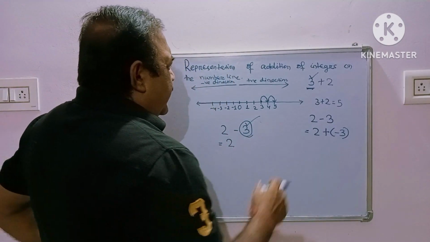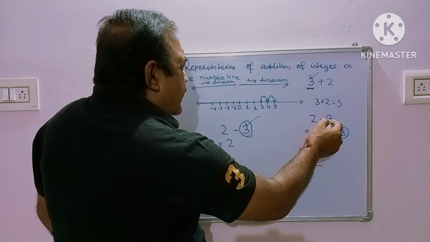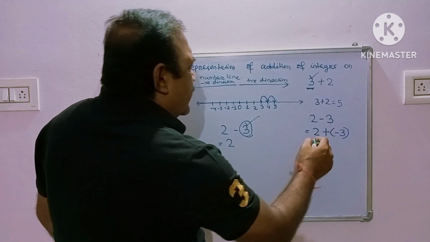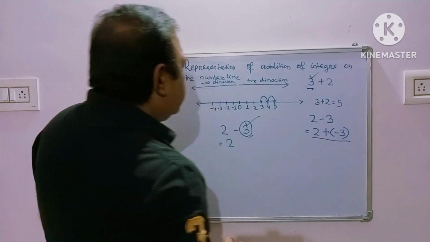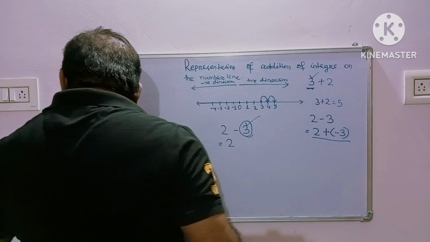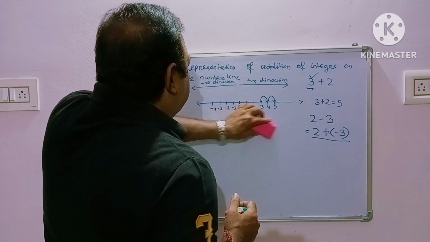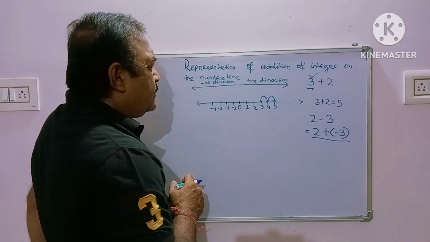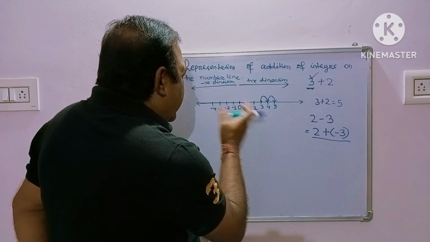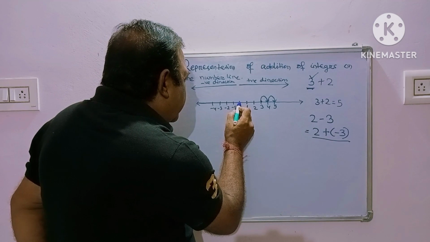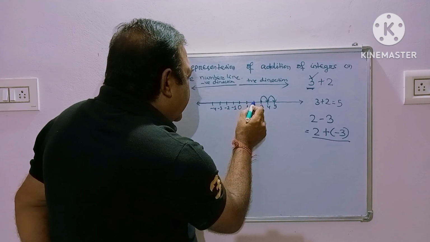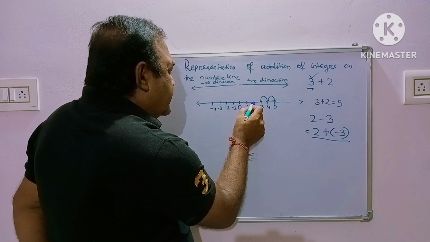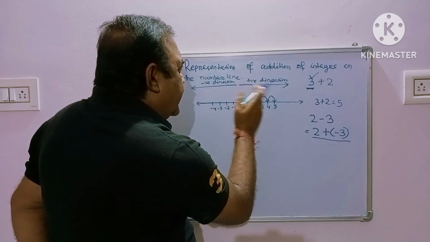And if you see, when we are taking 3 out of 2, 2 minus 3, that means 2 plus of minus 3, we can write in this way. Just to reflect it, how you see. Here it is 2. On the number line, this is the point 0, then 1, then 2, here it is 2. 2 plus, will I move towards the right or left?